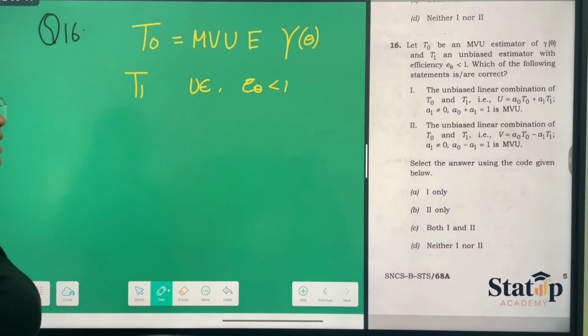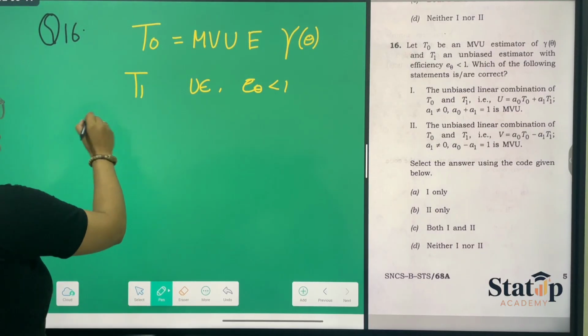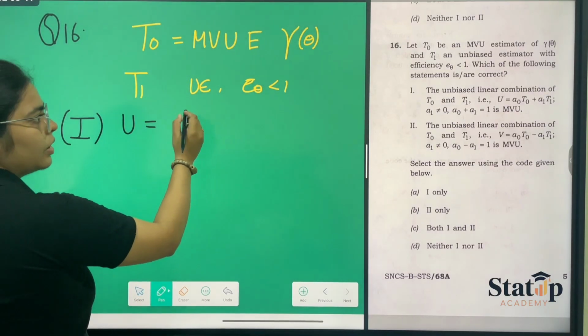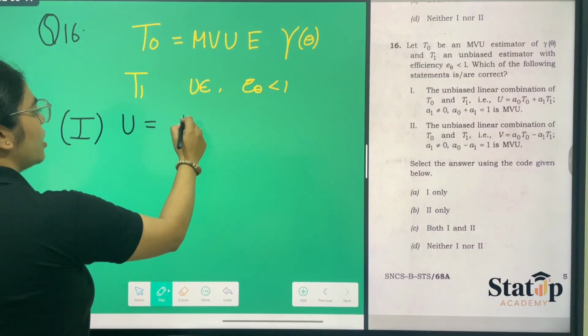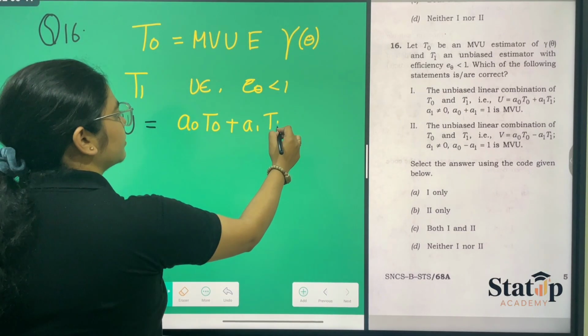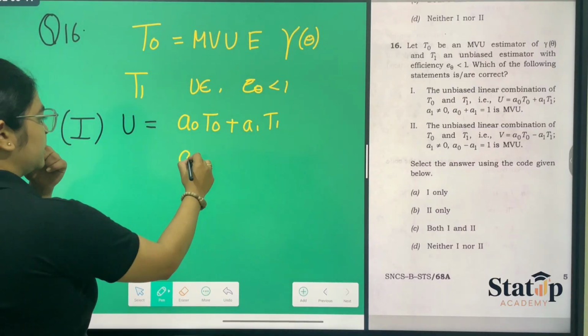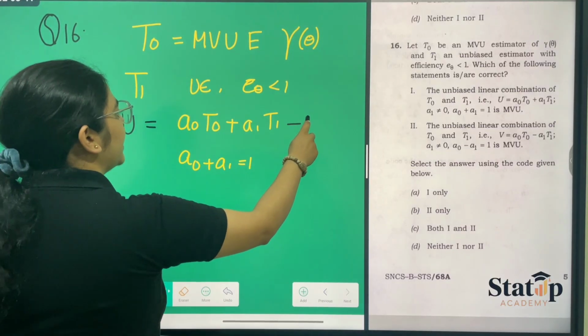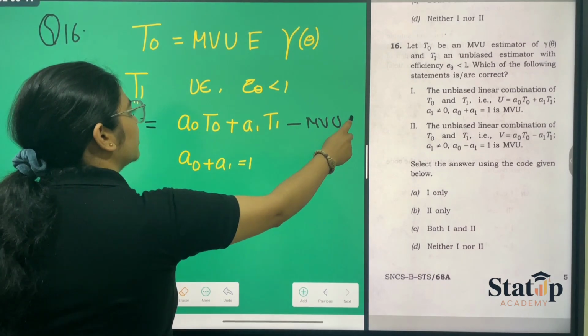So which of the following statements are correct? In the first statement, they have given us U equal to a linear combination of these two, A naught T naught plus A1 T1, where A naught plus A1 is equal to 1, and they have said that this is MVUE.